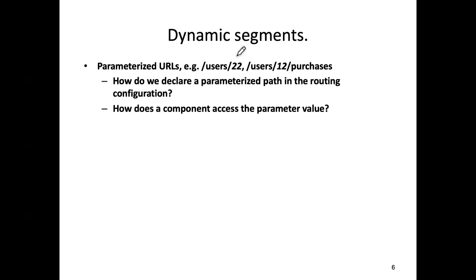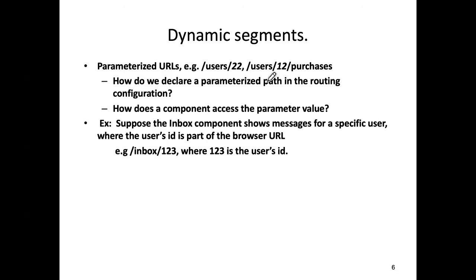That sort of notion. It doesn't have to be, but in most cases, it is some sort of identifier for some data entity that can be retrieved from either a web API or a database. And we want to display some information about that data entity. In this case, it would be users. In this case here, it would be the purchases made by a particular user. That's the notion of it.